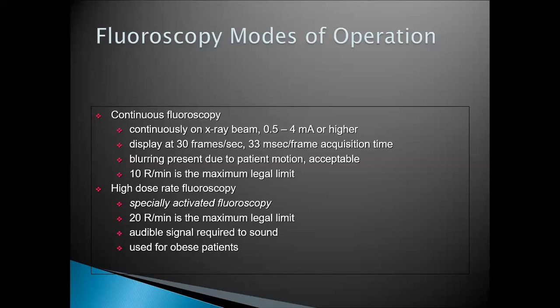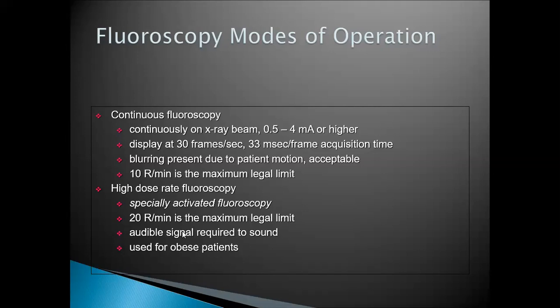Just a very few, when a patient is obese, is the major reason one has to go for high dose rate fluoroscopy. When you have some obese patients that require a high amount of exposure, it is legally permitted to go up to about 20 roentgen per minute.